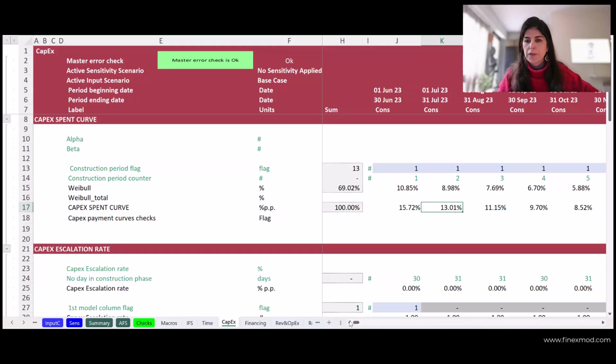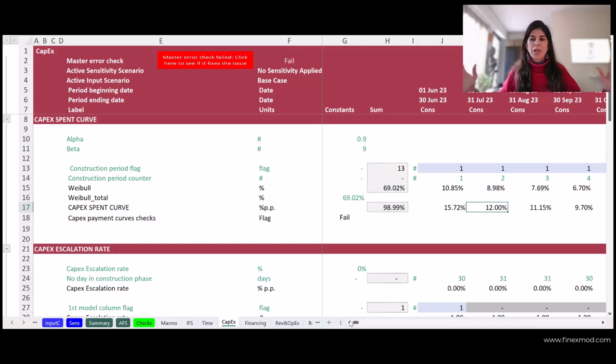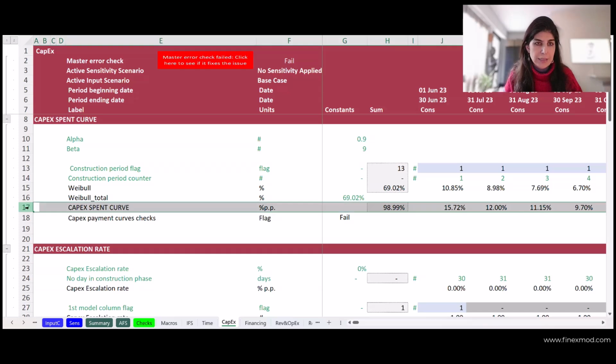Here, let's say, for example, instead of what is required to make the payment profile 100%, we have a hard-coded figure that makes the payment curve 98.9% instead of 100%. So we are underestimating the CapEx basically.